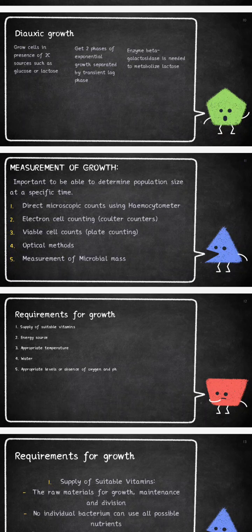So next measurement. The next approach is electronic cell counting, also known as Coulter counters. Coulter counters or electronic cell counting.